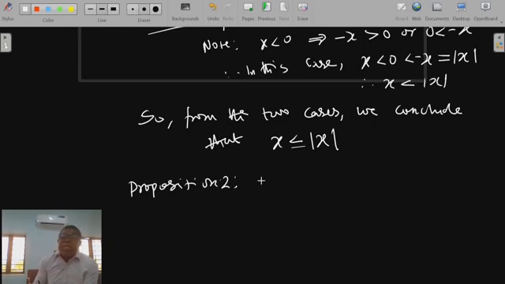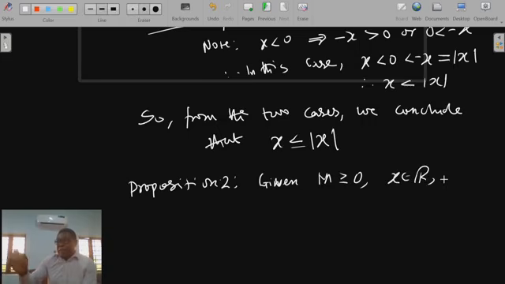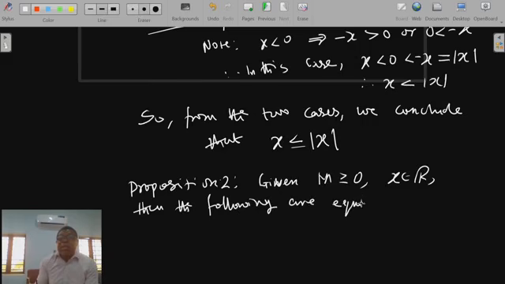Here, what it is saying is, given m greater or equal to 0 and x in R, then the following are equivalent. 1 is that absolute value of x is less or equal to m.